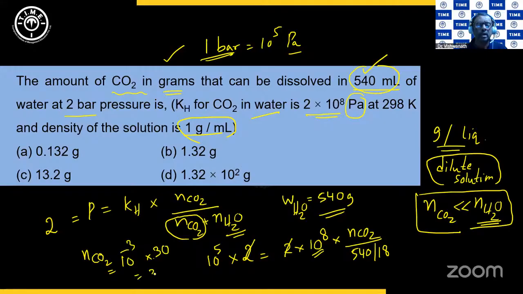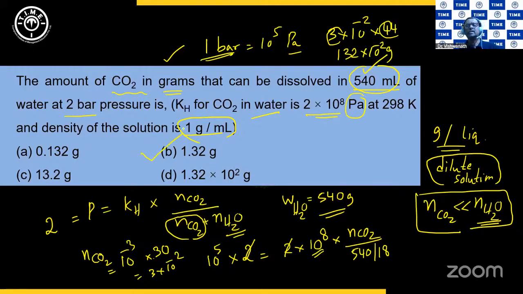So this is 3 into 10 power minus 2. This is moles. How to get the grams? Multiply the moles with the molar mass. So 3 into 10 power minus 2 multiplied by 44. So 44 3s are how much? 132. So 132 into 10 power minus 2 grams is 1.32 grams. So B is the answer.